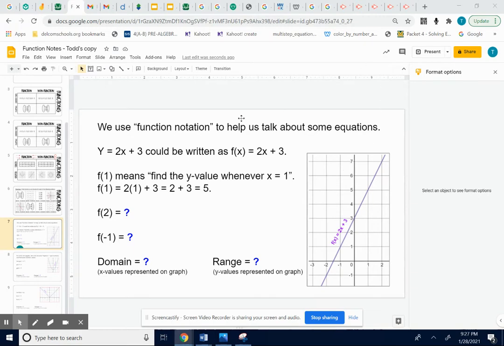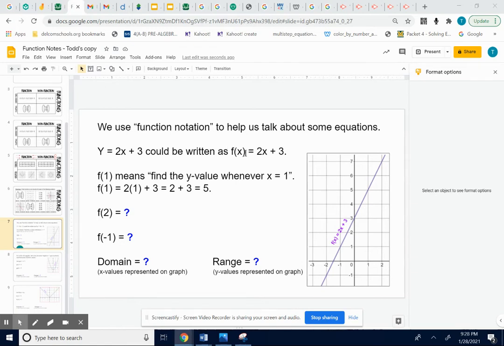Okay, but we also use the idea of functions to write equations. Like, for example, we could take the equation y equals 2x plus 3. Okay, you know what that is. It's a line that has y-intercept 3, and then it has a slope up 2 over 1. But you could take that equation y equals 2x plus 3 and replace the y with f of x.